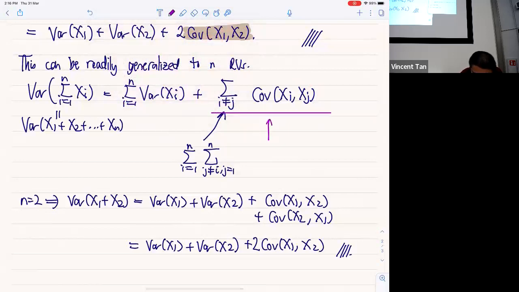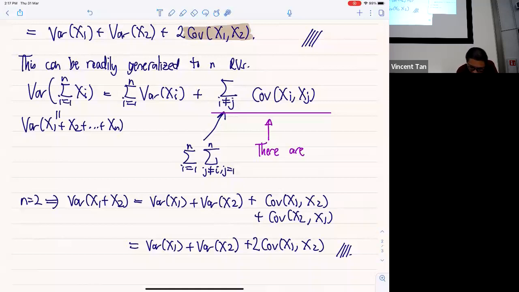No, nothing to do with factorial. It's related to n. Elvinci? Because Elvinci is not answering me today. Usually he answers me. How many terms are there here?